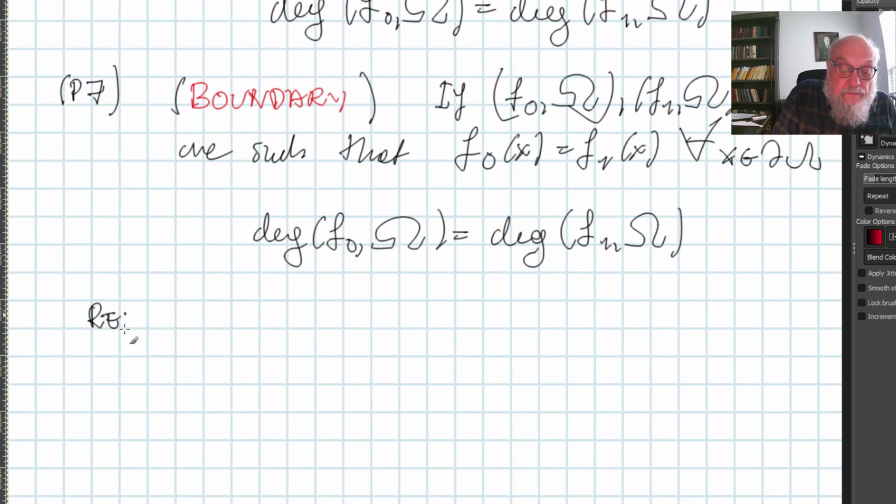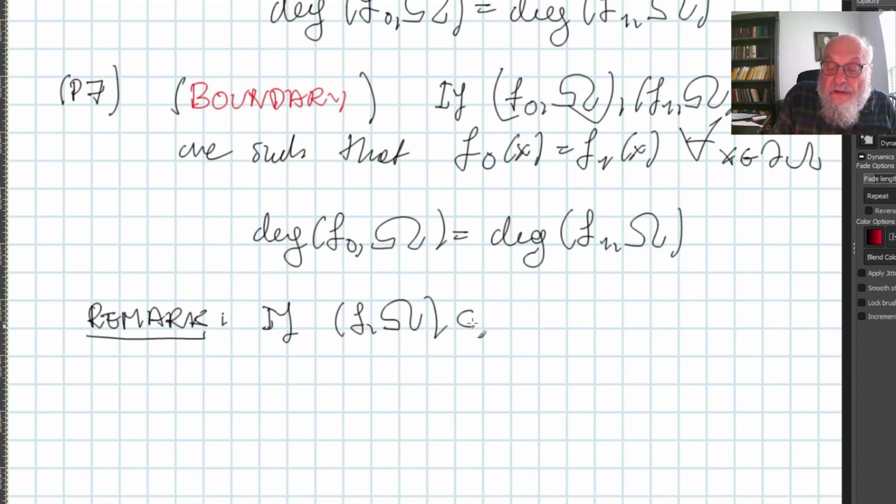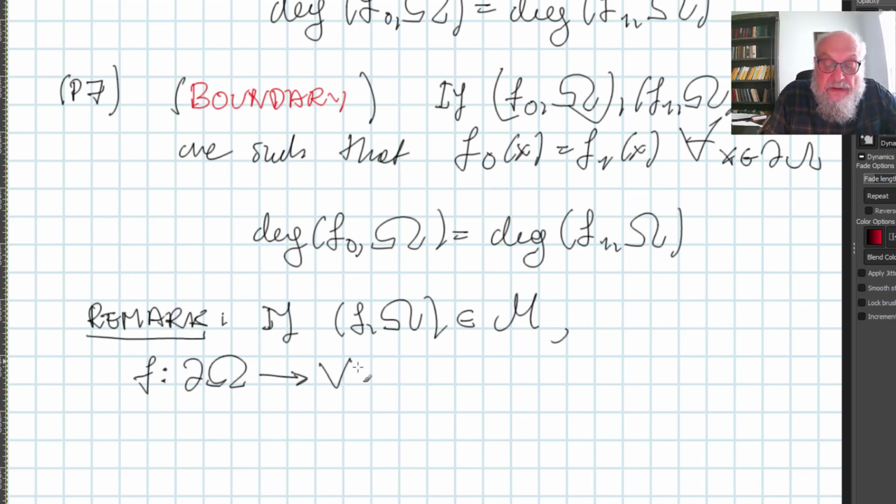So let's see, a remark. If f, omega belongs to M, so that means also that f is transforming the boundary of omega to V minus 0.